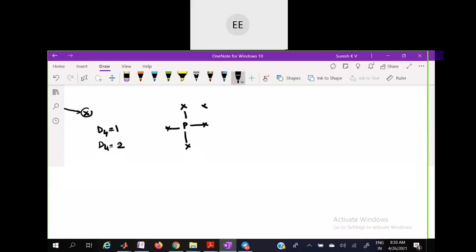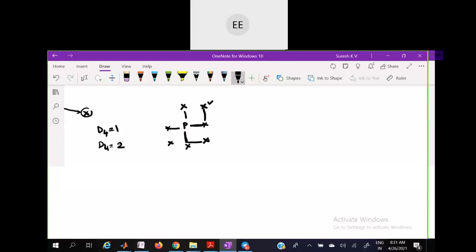See this pixel: when I want to go here, I will traverse one distance here, and then reach. So the d4 distance between p and this pixel is equal to 2. Be very careful, because it is d4 distance, I want to go one pixel like this, one pixel like this.